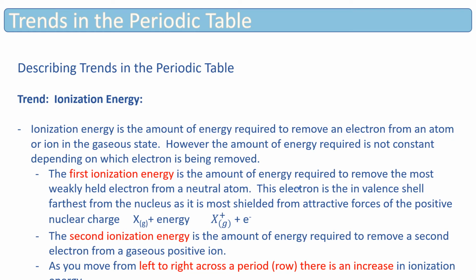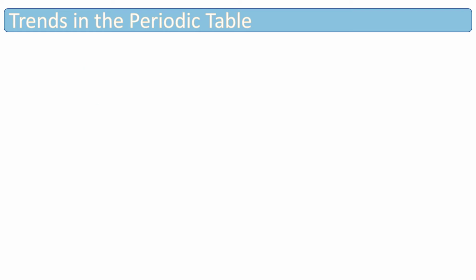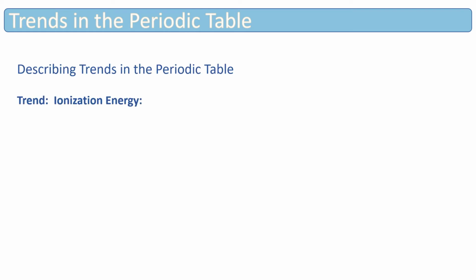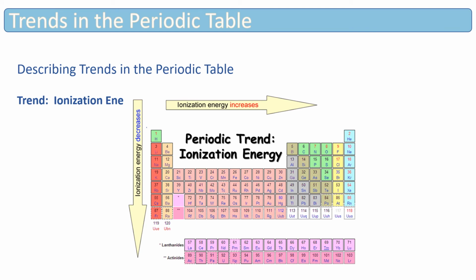As you move down a group in the periodic table, there is a decrease in the ionization energy. This diagram illustrates ionization energy. As you move from left to right, ionization energy increases. As you move down from top to bottom, ionization energy decreases.